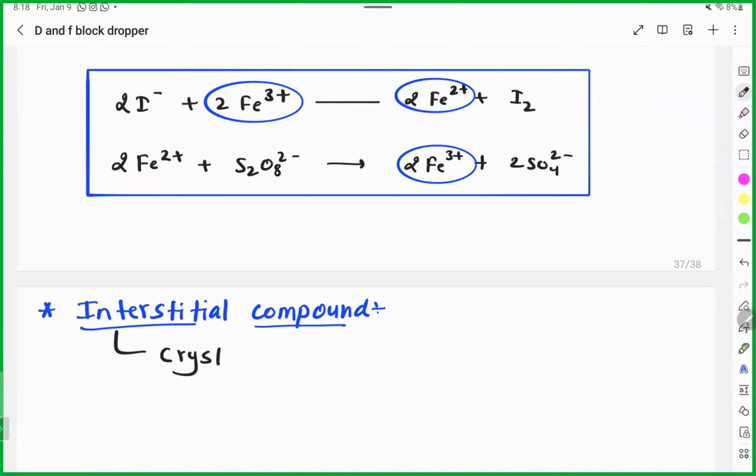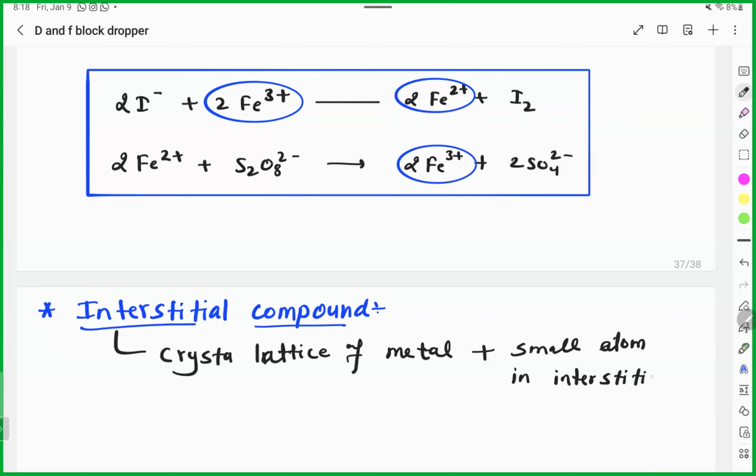For example, you have a crystal lattice of the metal. In this crystal, you add a small atom in the interstitial space.